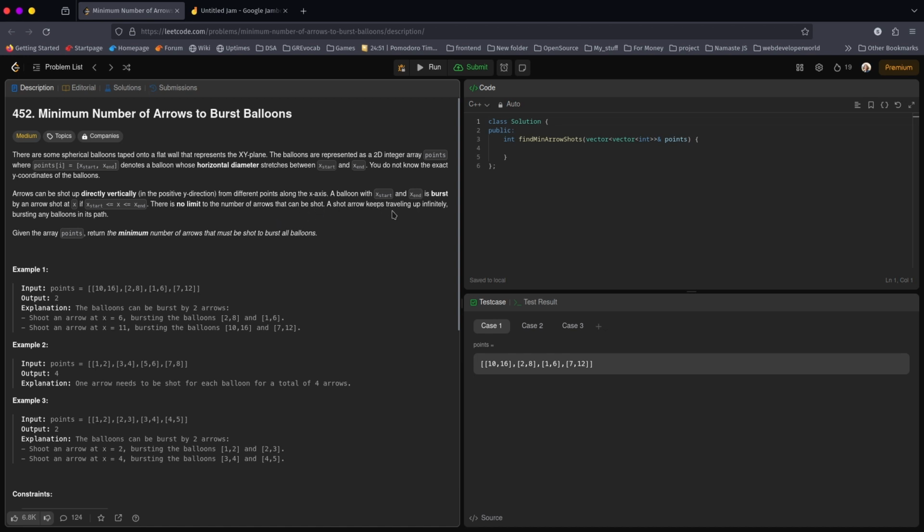A shot arrow keeps traveling up infinitely, bursting any balloons in its path. Given the points, return the minimum number of arrows that must be shot to burst all balloons.